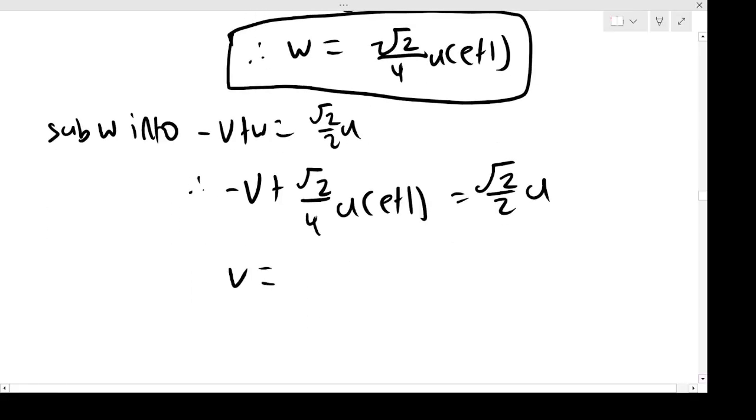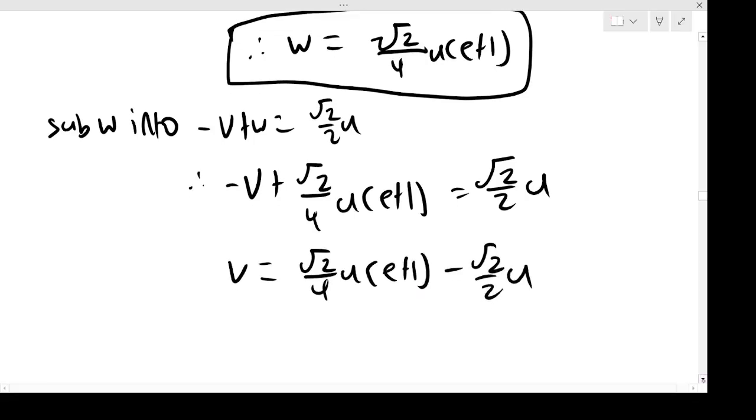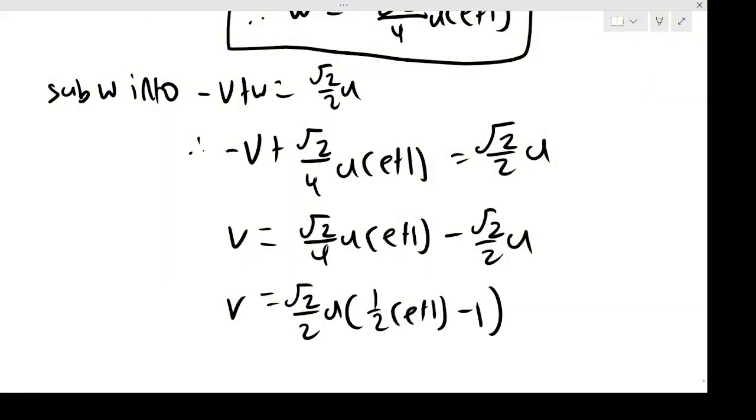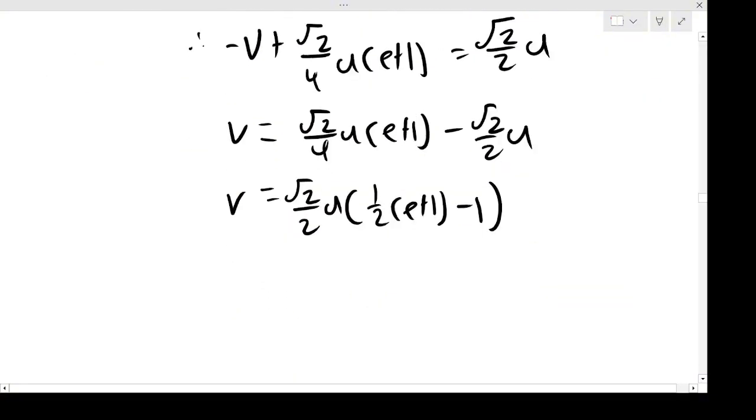So therefore V is going to be root 2 over 4U lots of E plus 1 minus root 2 over 2U. And then I can factor a root 2 over 2U out. And then that would be half E plus 1 minus 1. Okay, hopefully happy with that. Then I can just expand and simplify the second bracket.